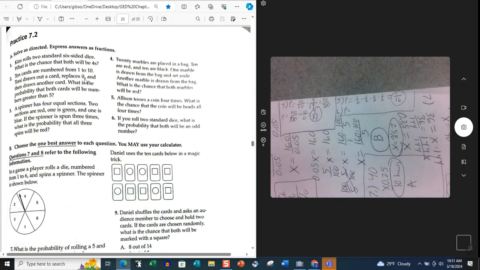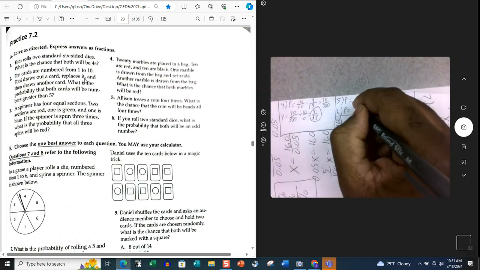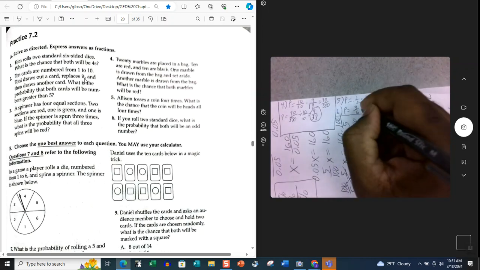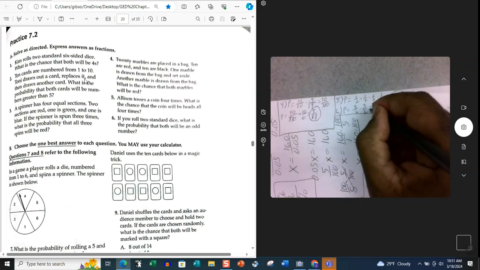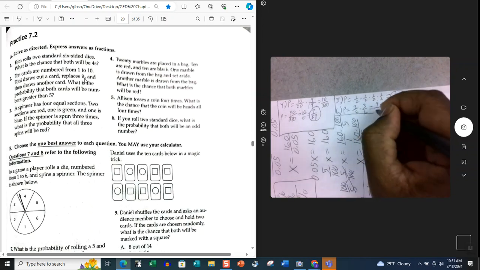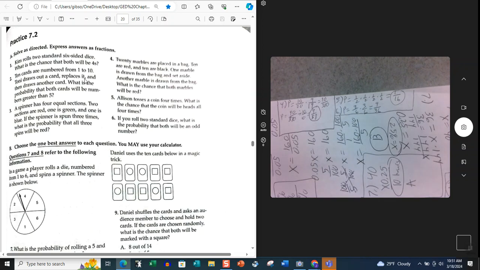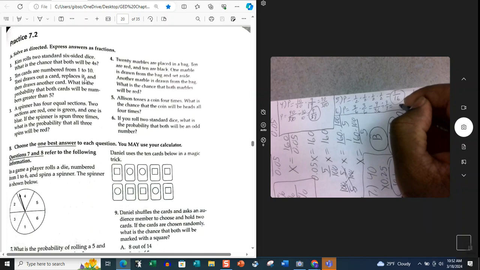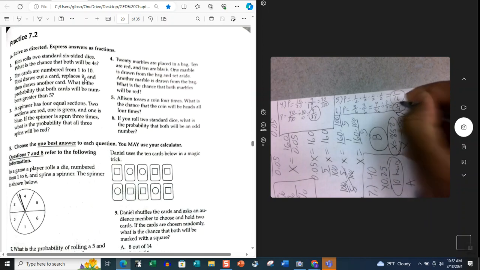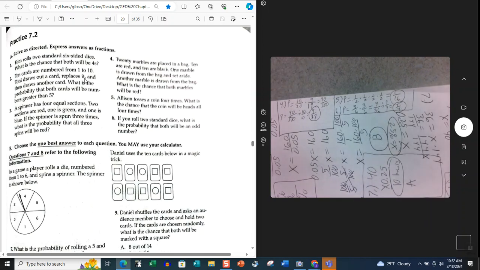Now on a standard die, you have 1, 2, 3, 4, 5, 6. 3 of the numbers are odd, 3 are even. So both to be odd, it'll be 3 over 6 on the first and 3 over 6 on the second. So 3 times 3 is 9, 6 times 6 is 36. We can divide both by 9, and that would give us 1/4. So our answer here would be 1/4.